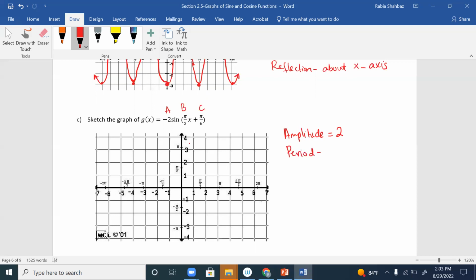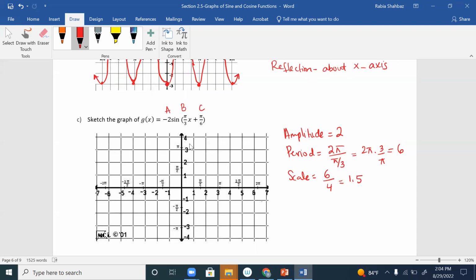Period, which is 2 pi over B, is going to give me 6. Okay. Scale, which is period divided by 4, is 3 over 2, which is 1.5.